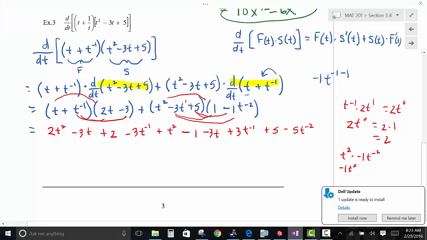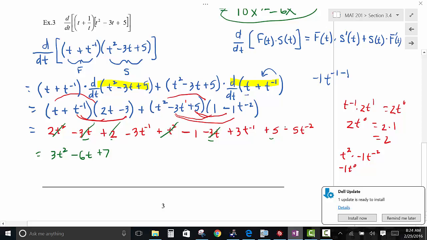So the t to the seconds go together. It doesn't really matter what order you put this in. I'm going to work with the highest exponent, so that's 3t to the second. If we go to the t's, it looks like we have 3t and negative 3t, so that's minus 6t. What else do we got? 2 plus 5 is 7.